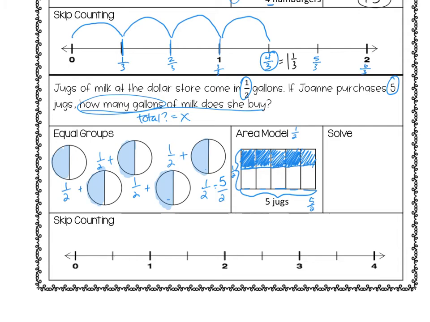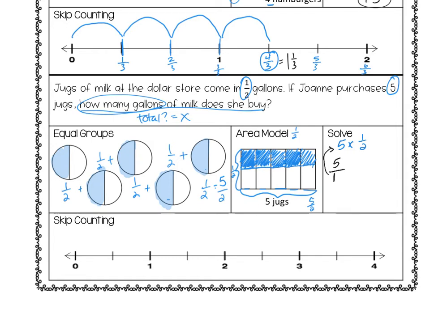Now we're going to solve this using our standard algorithm. We have 5 times 1/2. 5 jugs times 1/2 gallons. And we know in order to turn 5 into a fraction, we have to just take that 5 and put it over the number 1. 5 over 1 still equals 5.